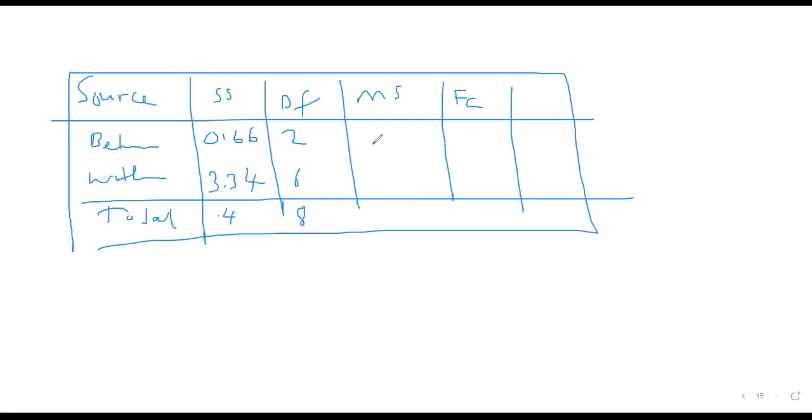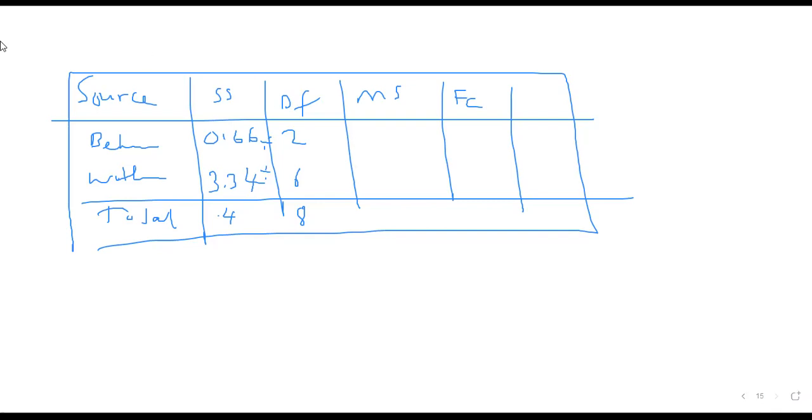All right. Then how do we get this column? Divide the sum of squares by the degree of freedom. We're dividing like that, yes.